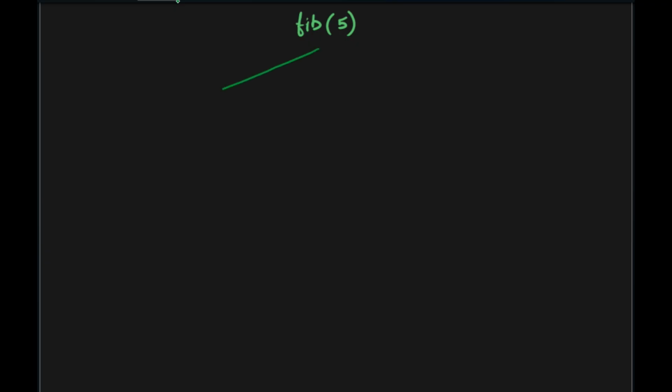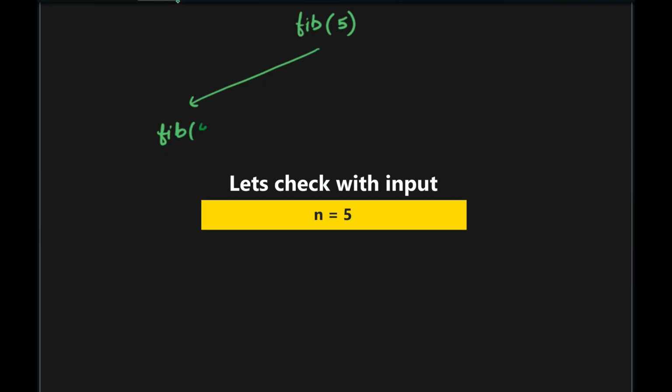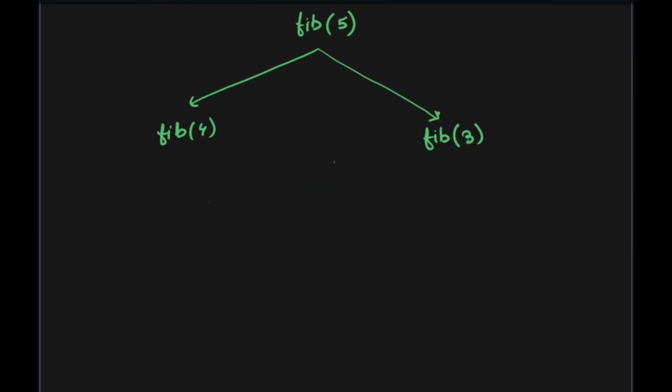So here we will calculate Fibonacci of n minus 1. So we will write Fibonacci of 4 and Fibonacci of n minus 2. It means Fibonacci of 3. We will do first n minus 1.